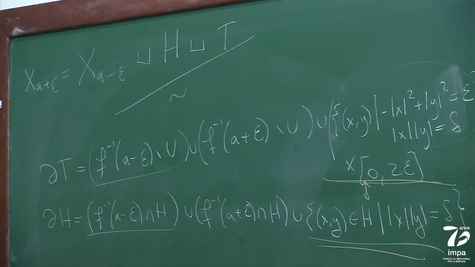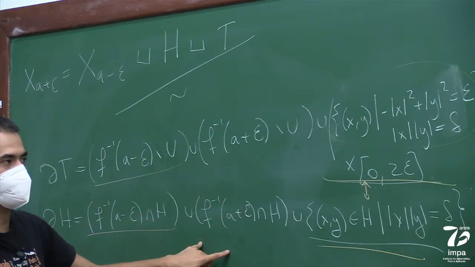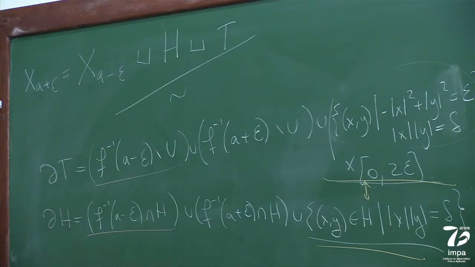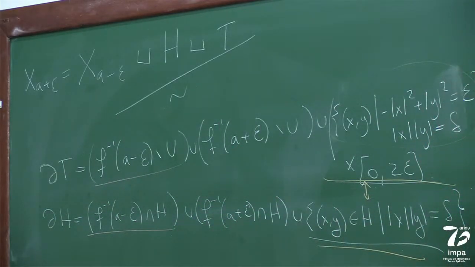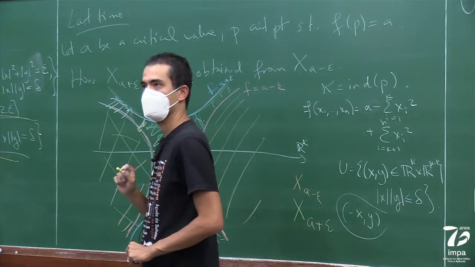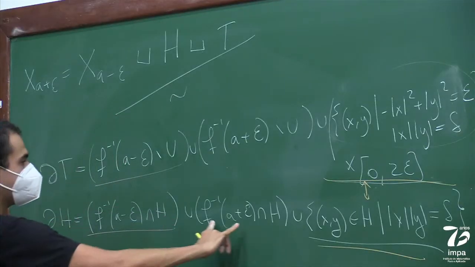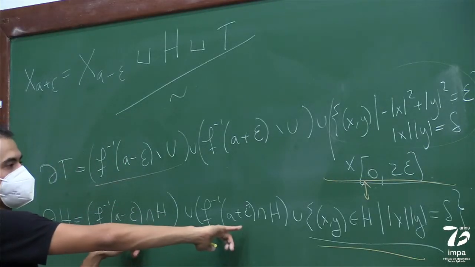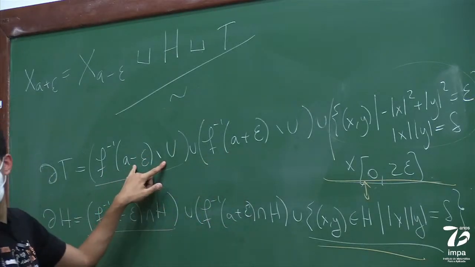But the point is that this is going to be the new boundary. So when you let it loose, these two parts here are going to correspond really to the new boundary. So the new boundary is going to be the boundary of the cylindrical part, which is this guy here. This guy and this guy are actually diffeomorphic.